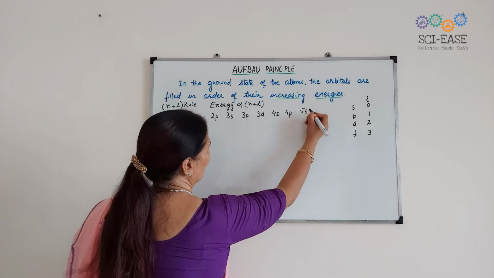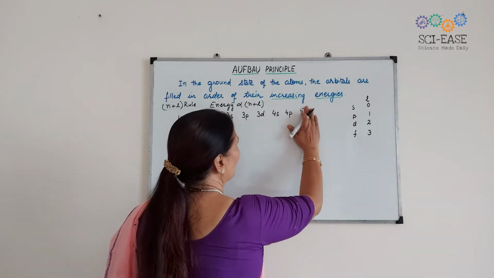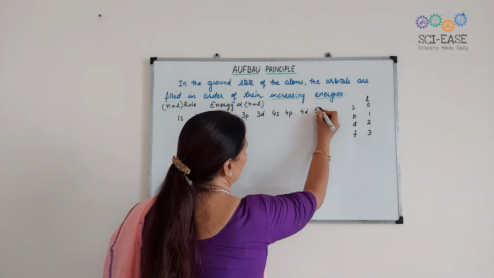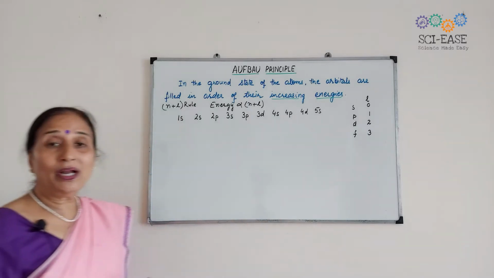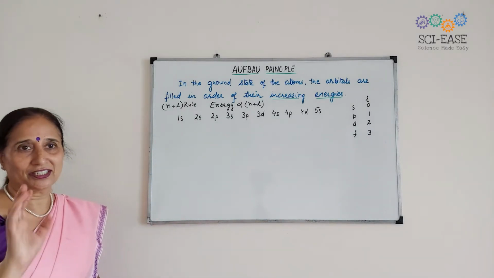Suppose this much is given. 4d, you can write 4d also. 4d and 5s. You are to arrange them in increasing order of the energies.